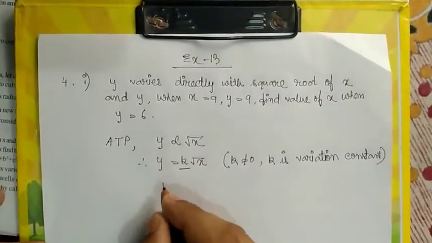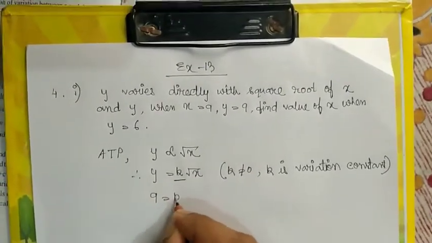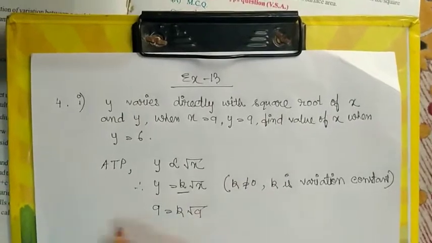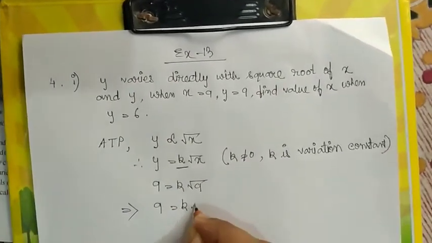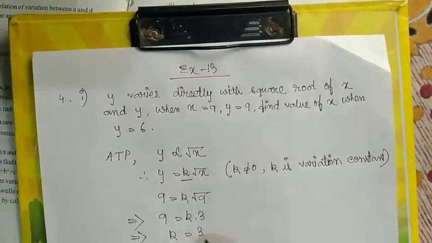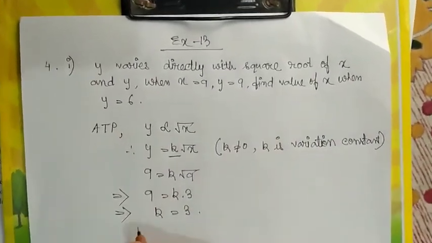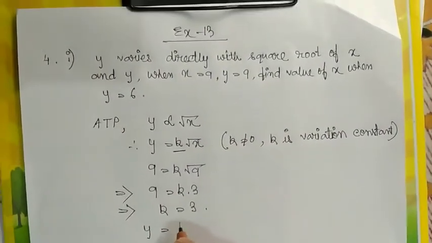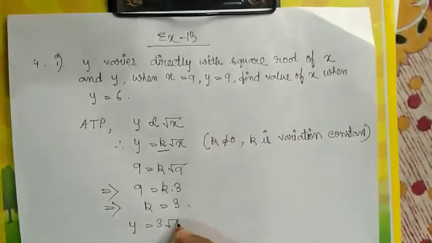So therefore y equal to 9 equal to k root 9. So therefore 9 equal to k into 3. So therefore the value of k equal to 3. Now we know the value of k, so we can write the equation as y equal to 3 root x.